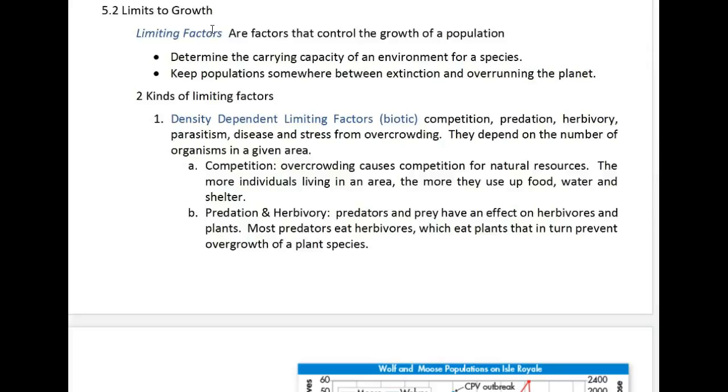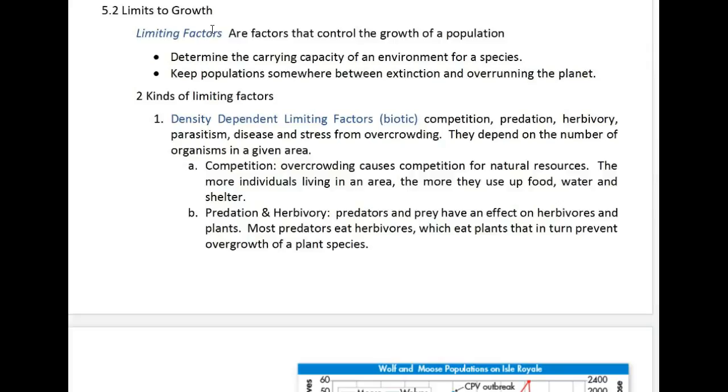And they're saying at 11 billion, we're going to reach our carrying capacity for the number of humans that the planet is going to be able to support. So limiting factors might sound terrible, and it is. It actually keeps the population somewhere between extinction and overrunning the planet. So it's a way of keeping population numbers in check. We're going to talk about two different kinds of limiting factors.